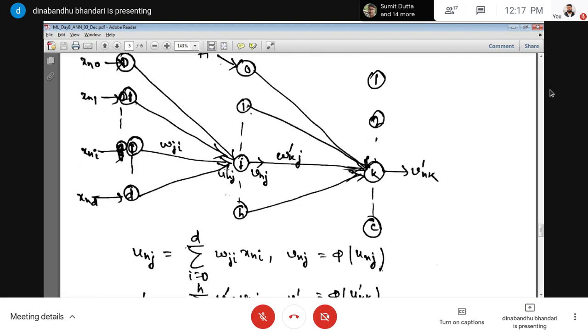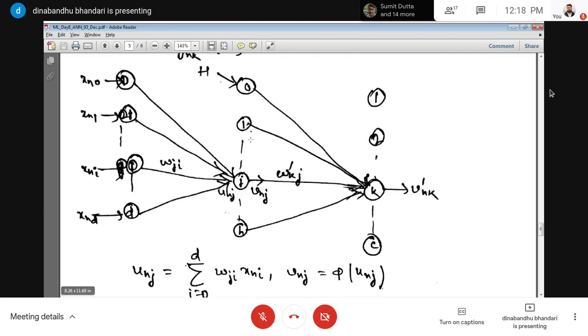So u_nj, note that here I have written u_nj is the accumulated weight at the jth hidden node. It would be equal to summation x_ni into w_ji, i equal to 0 to d, and this j does not vary from 0 to h, but it is 1 to h. There are h nodes here. Note that.